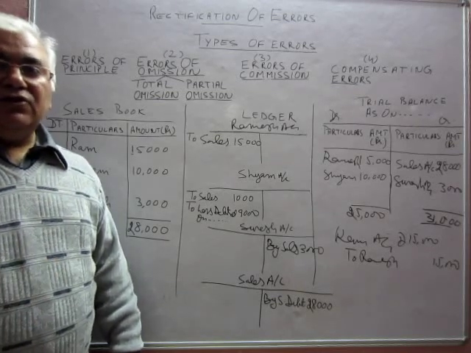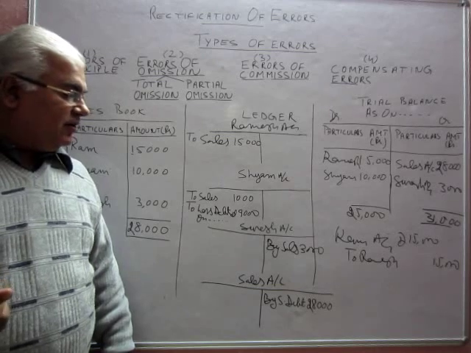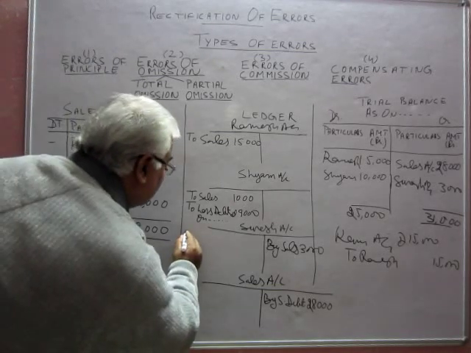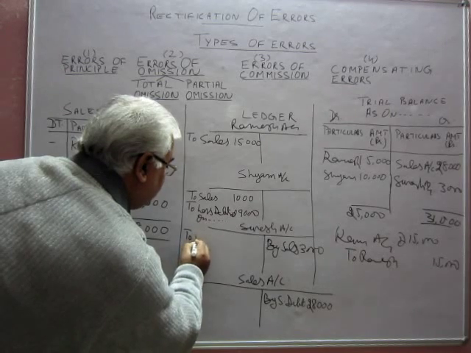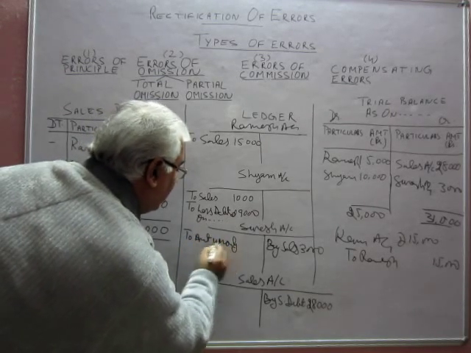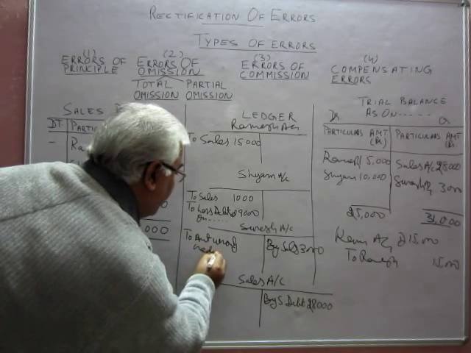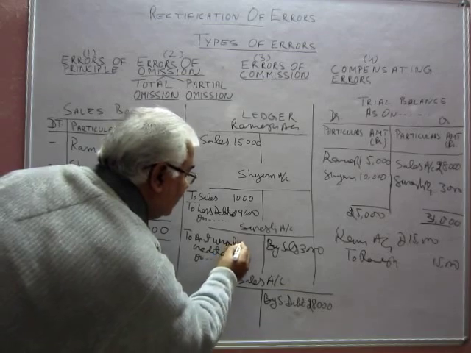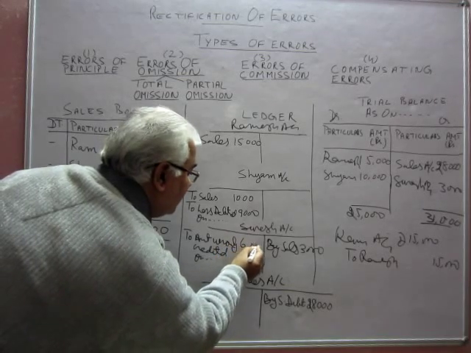This is if you do it through suspense account, but otherwise you can simply write here in Suresh account, to amount wrongly credited on this and this date, and put 6,000 here.